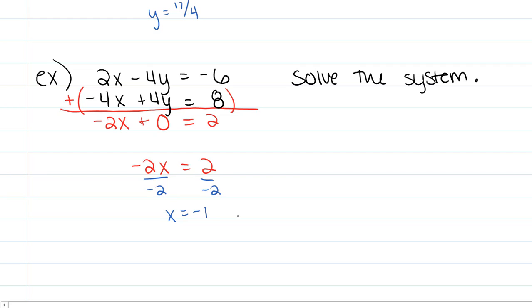Again, not quite finished. We need to make sure we have an ordered pair. So using one of the original equations, I'm just going to use the top one. No reason in particular. And now I'm going to replace x with the negative 1 that we just solved for.